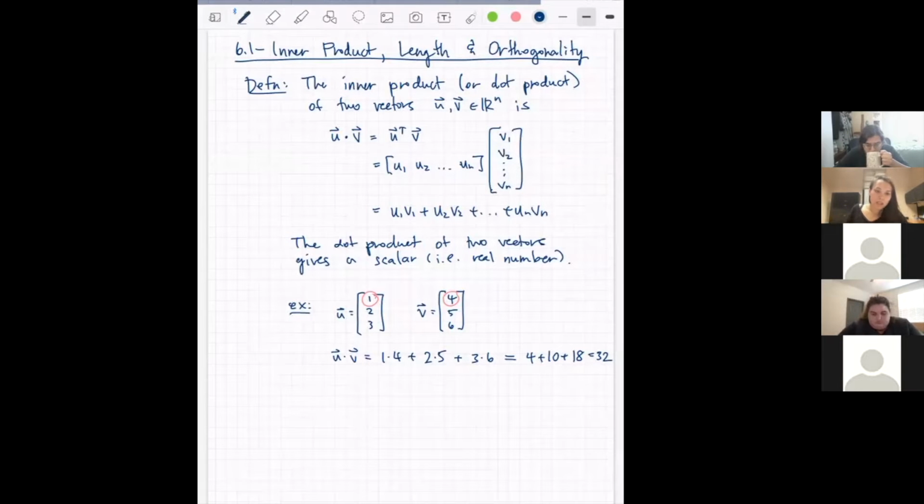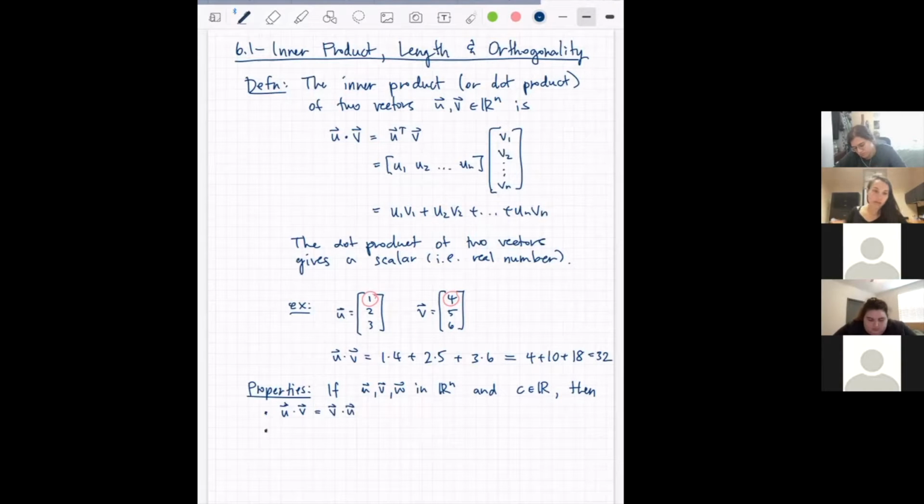And we have some properties, which we won't verify. We will just state them, but these will hold. So if you have vectors u, v, and w in Rn, and a scalar c from R, then we have the following. We could take the dot product of u and v, and that would be equal to the dot product of v and u. So it doesn't matter what order we do this in. We can distribute.